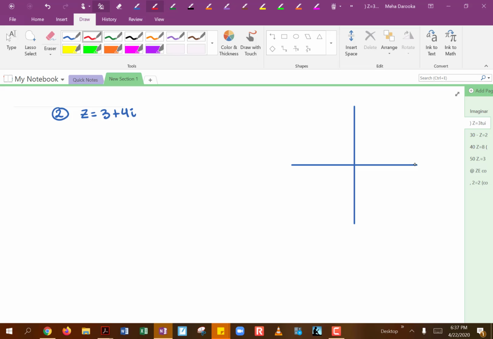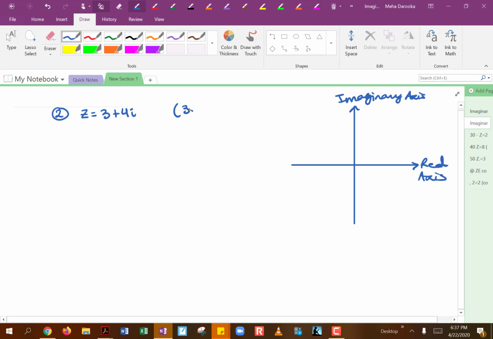Alright, so we will have this as the real axis, and this guy of course will be our imaginary axis. Okay, so this will be the ordered pair positive 3 and positive 4, somewhere over here, or the number 3 plus 4i. So our complex number is in quadrant 1.